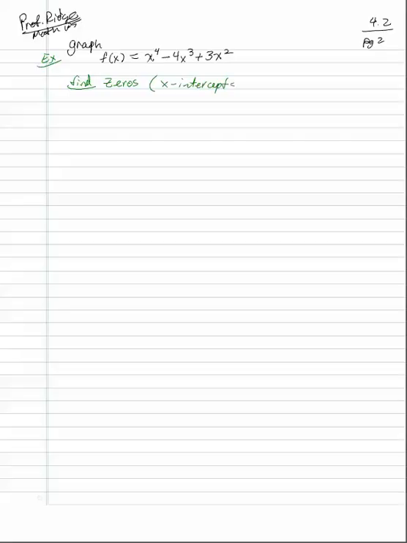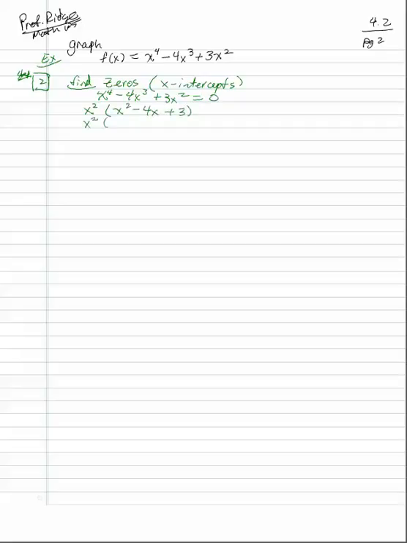So we're going to set it equal to 0 and solve. So basically I'm going to do 2 first. x to the fourth minus 4x cubed plus 3x squared equals 0. So I can factor out an x squared. So I get x squared times x squared minus 4x plus 3.